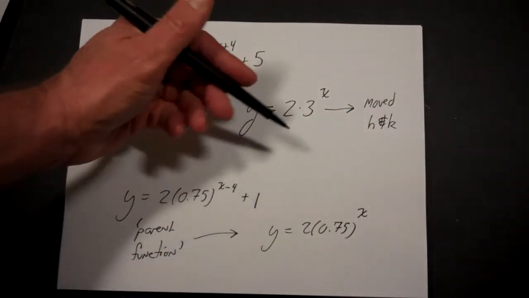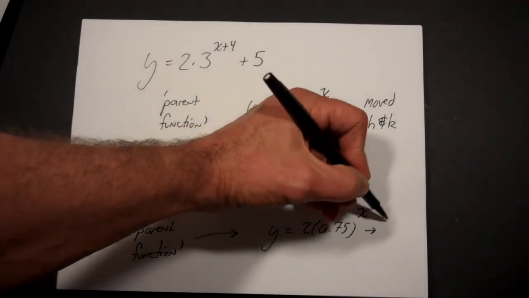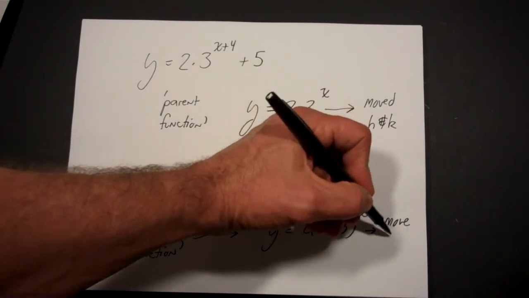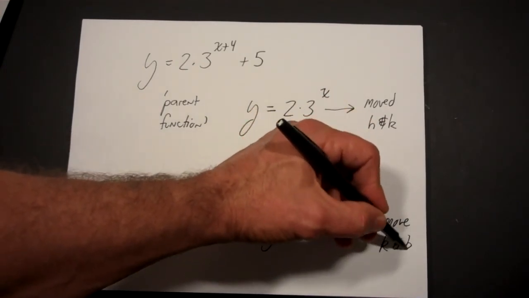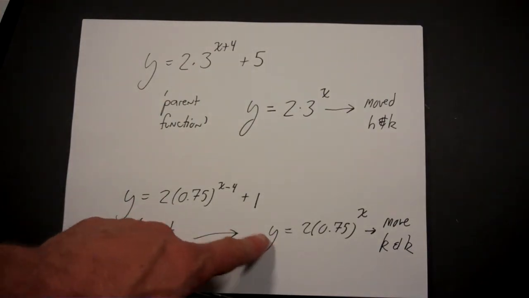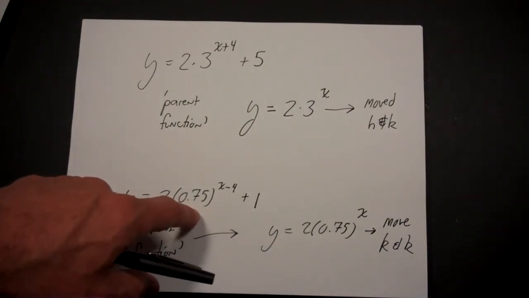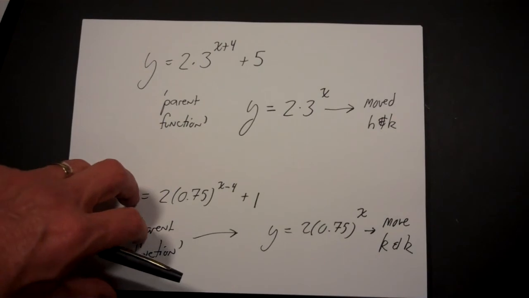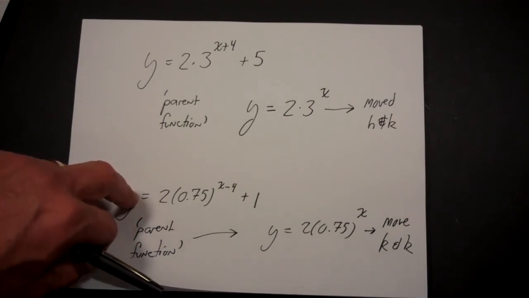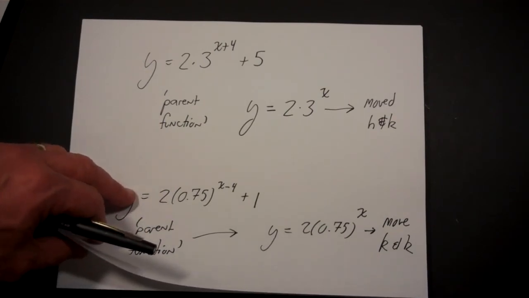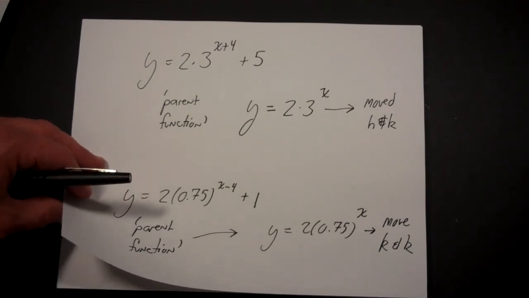This one is the same way. You simply take this function and move it by h and k, up and down, left and right, and that's how you get this function. So we can call that the parent function. That's the introduction to graphing with h and k. In part 6 we'll actually start working through the steps.